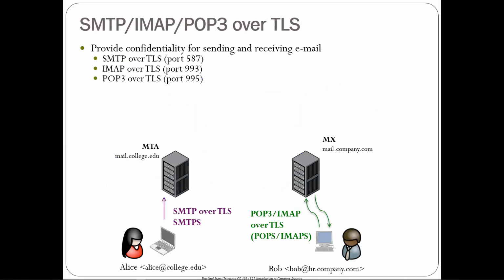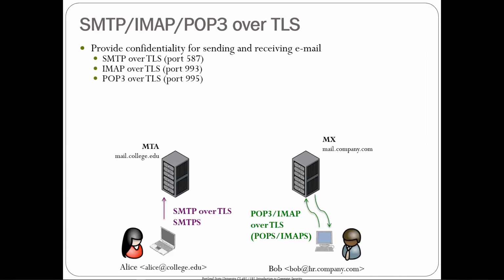Okay, so this leads us to running SMTP, IMAP, and POP3 over TLS. That was why we have this TLS layer: we want to just be able to point our application protocols to TLS and get all the benefits, get the integrity, well, quote unquote integrity.